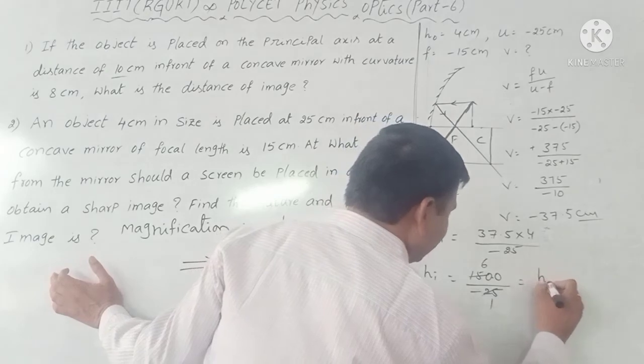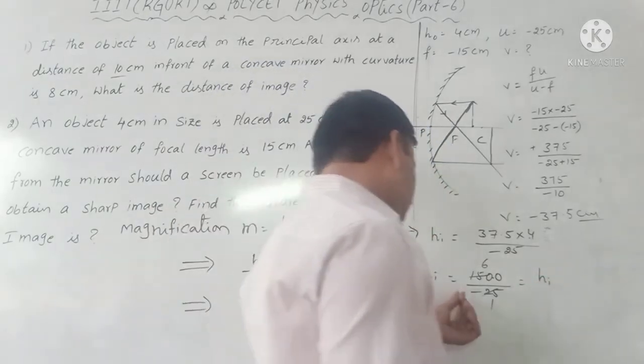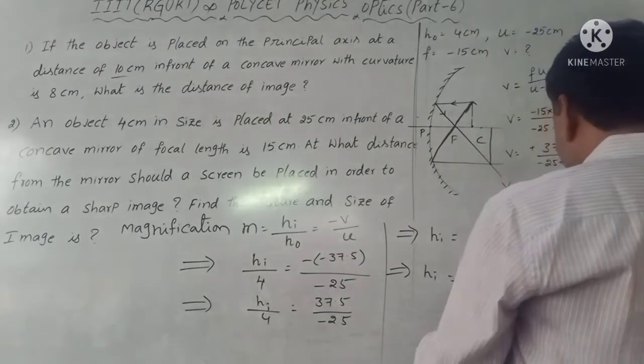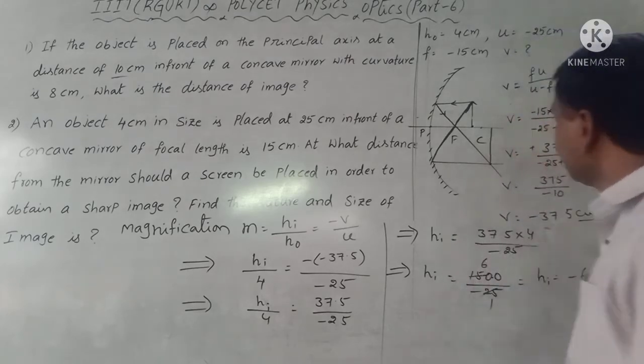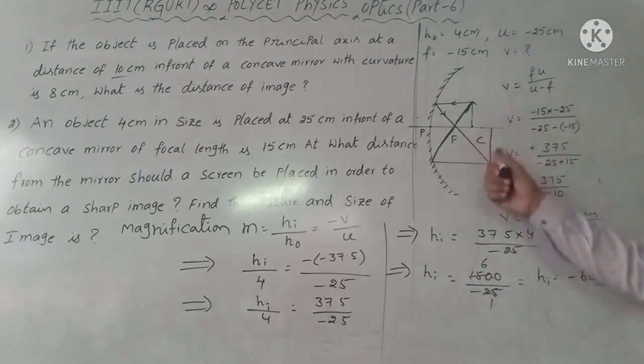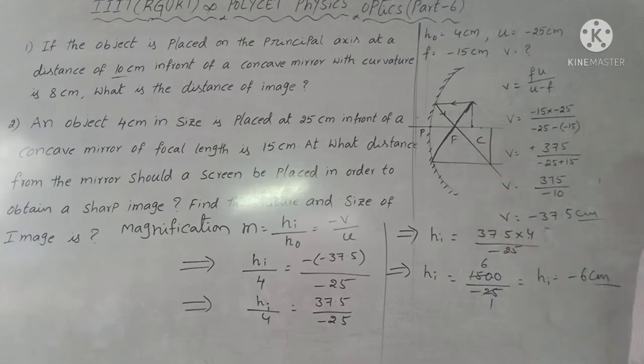So HI is minus 6 centimeter. Minus here means it is a real and inverted image.